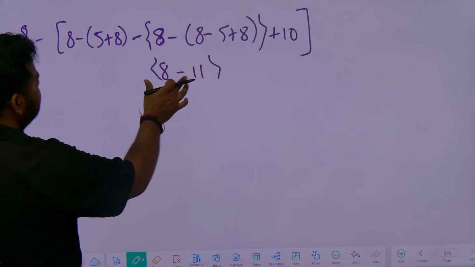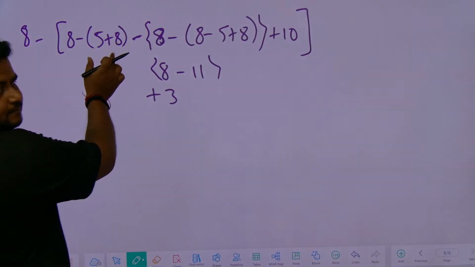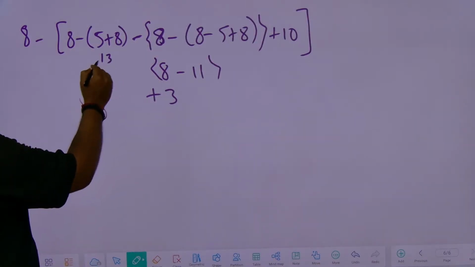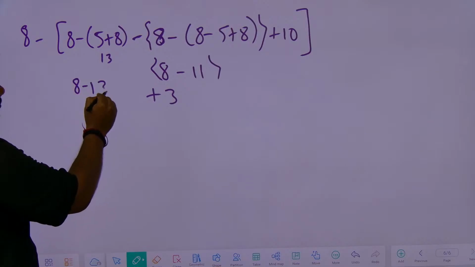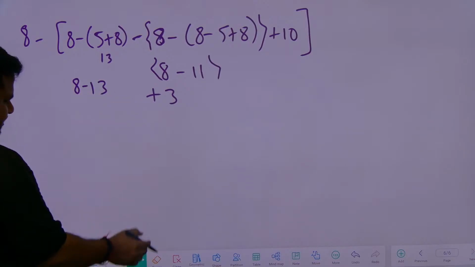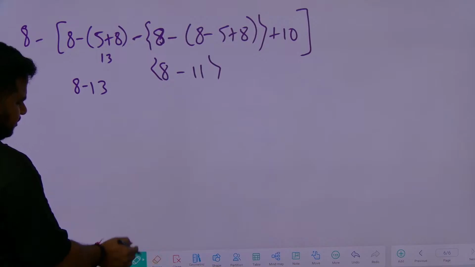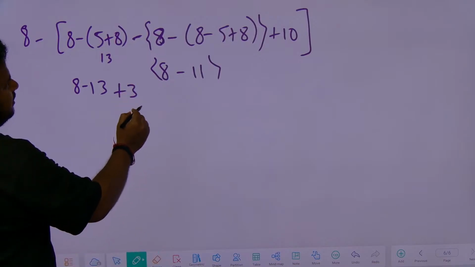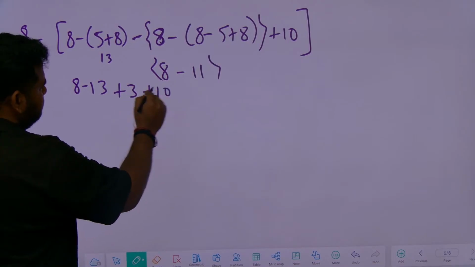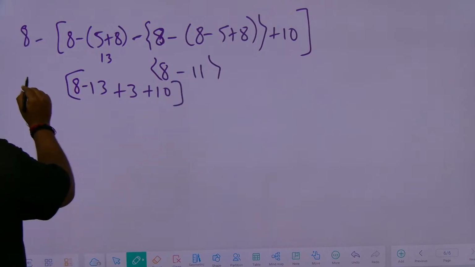So what are we having here? The flower bracket is removed, we are having 5 plus 8, which is 13. So we are having 8 minus 13 plus 3, and then plus 10, the square bracket is over, and outside we are having 8 minus.